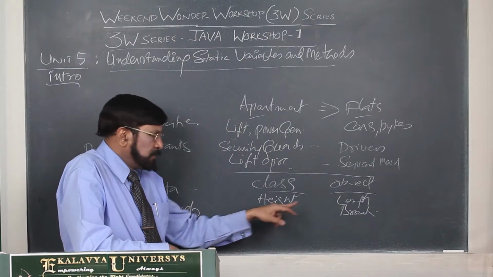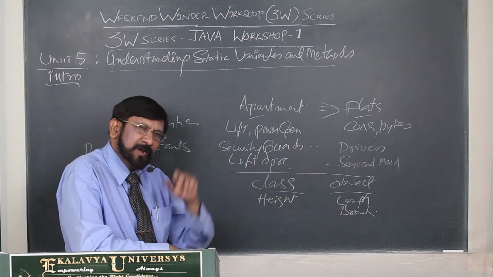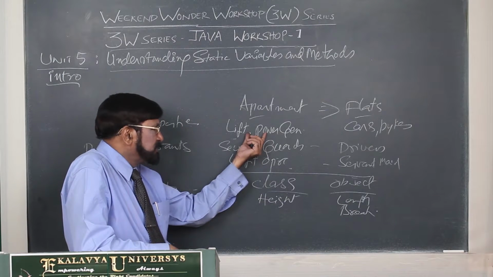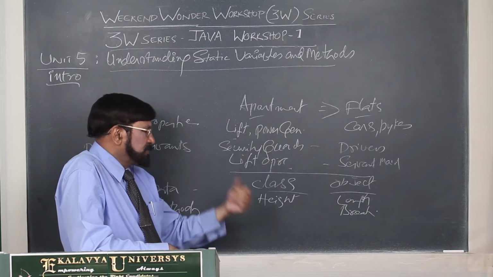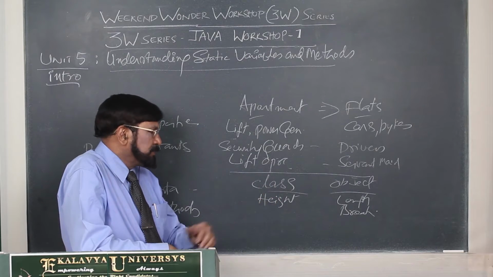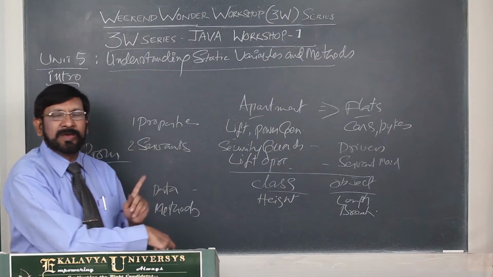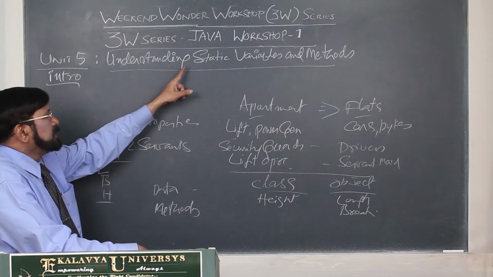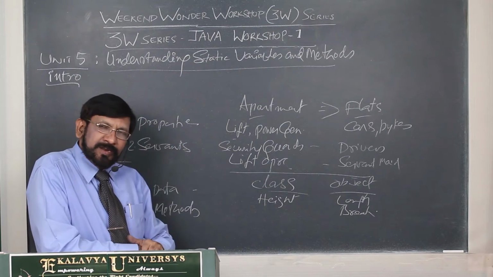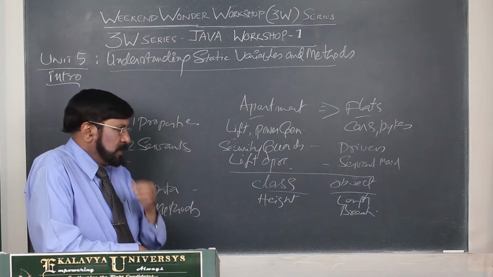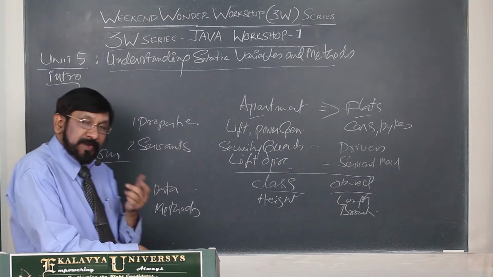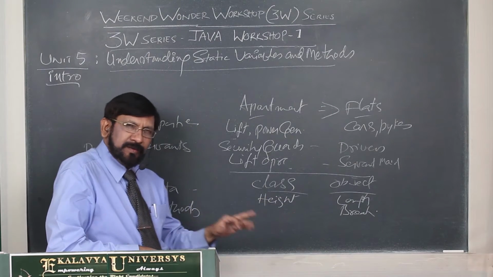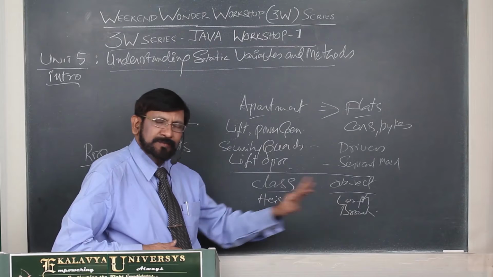Same analogy extends. Now you see, why do you have to define height for every object? Height is common. It is a common service, so you make it belong to the class. If you have to make any property, here data, belong to the class, you declare it as a static variable. In a similar manner, sometimes a common method may be required, commonly used by all the objects.